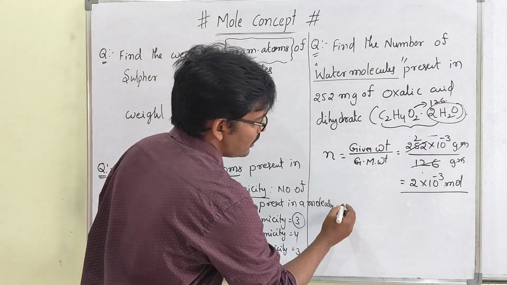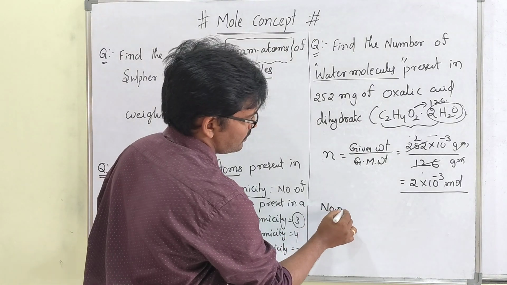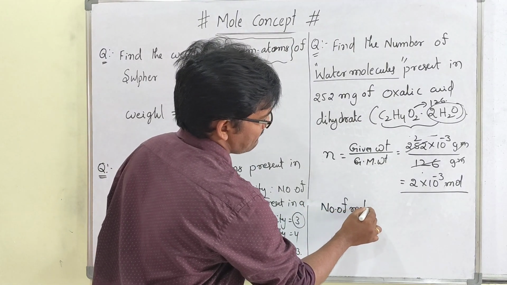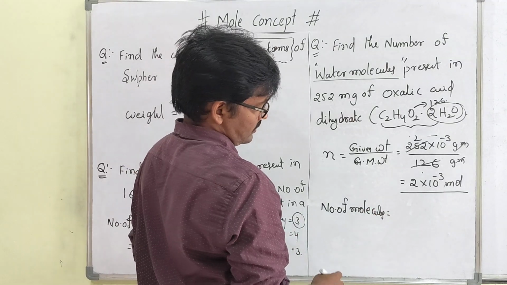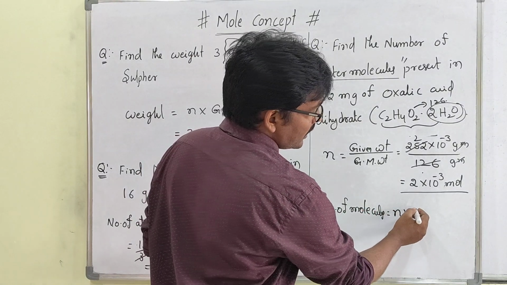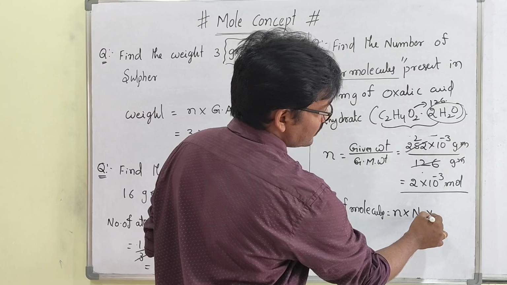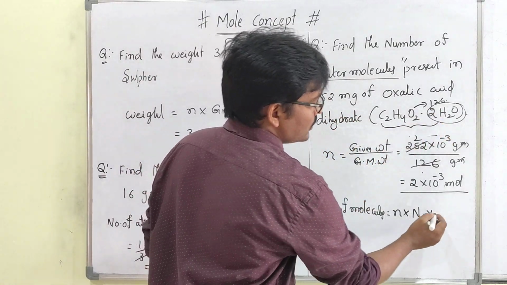So when the number of molecules is asked, number of molecules equals number of moles into Avogadro number into the number of water molecules in each molecule, like 2 molecules.